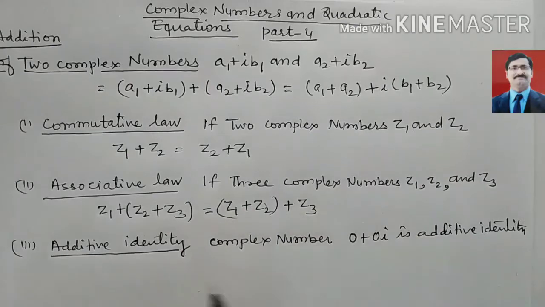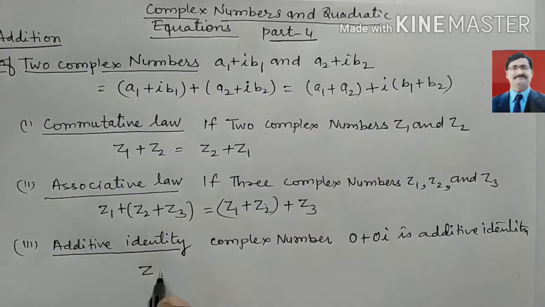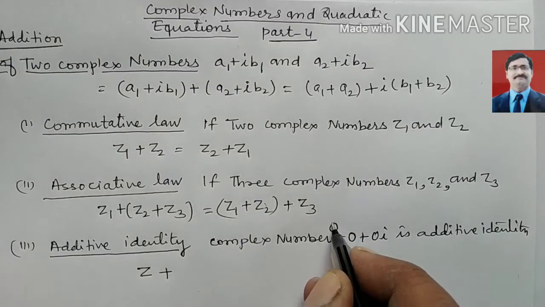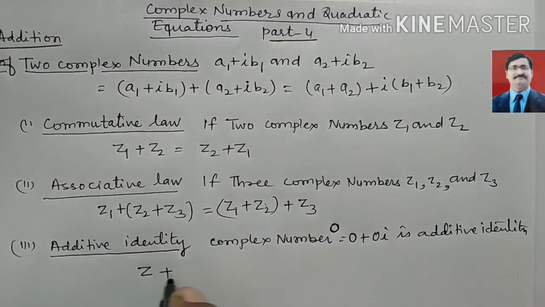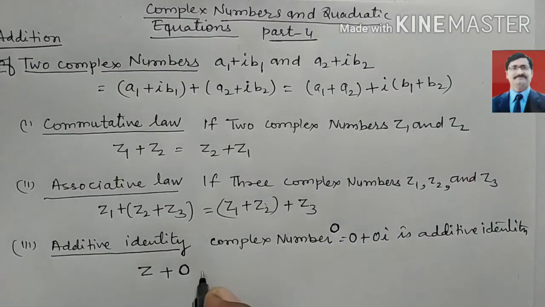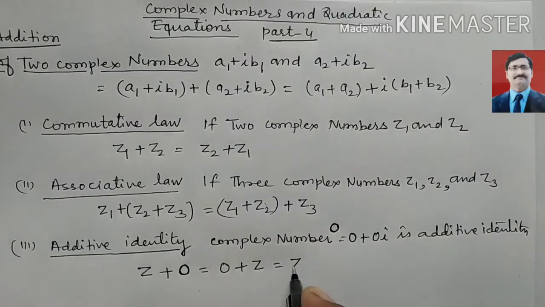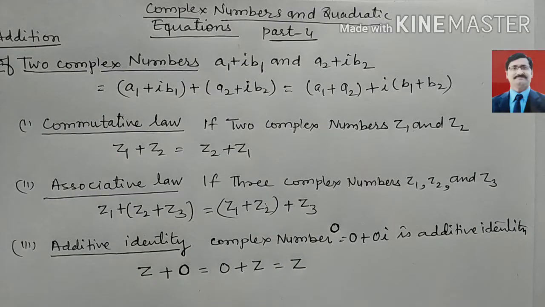If you do z plus this identity, you can write it by O also. So z plus O complex number will be equal to 0 plus z, and that will be equal to z. So if you add the additive identity anywhere, there is no change in the complex number.